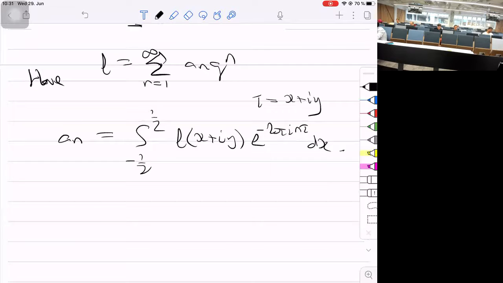And now we want to take the absolute value. It's going to give us that the absolute value of a_n is the absolute value of this integral, so less than the integral of the absolute value of the integrand.